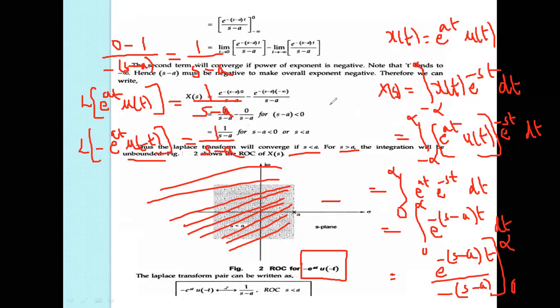But what is the difference? The ROC is the difference. What is the ROC for this one? The ROC is greater than. Why are you taking greater than? Because the t values vary from 0 to infinity. The ROC is greater than a, the region of convergence is greater than a.